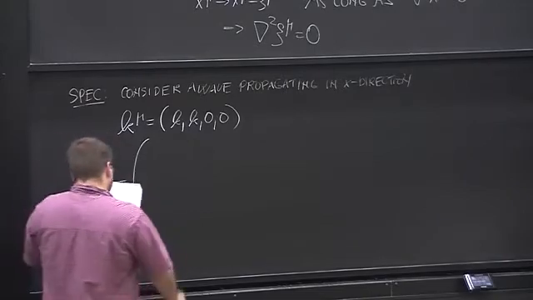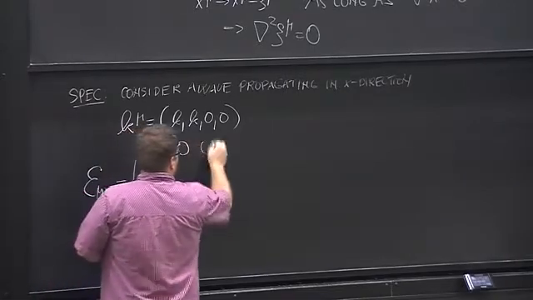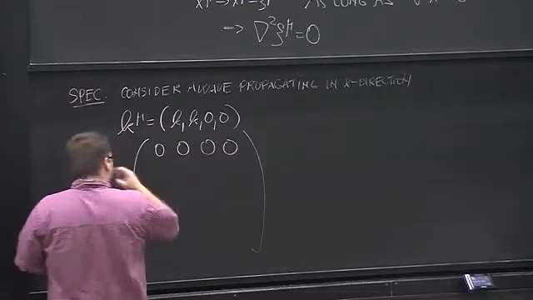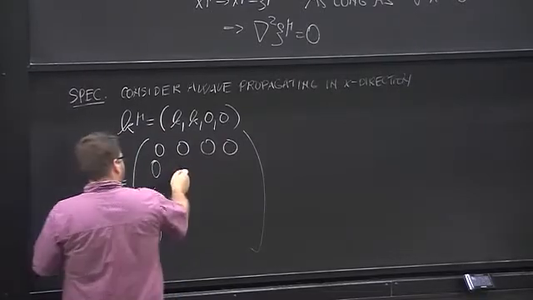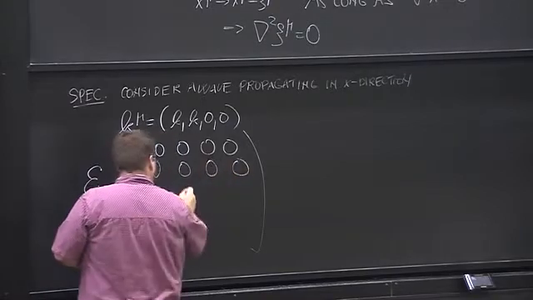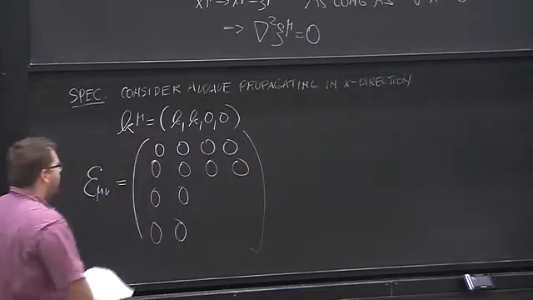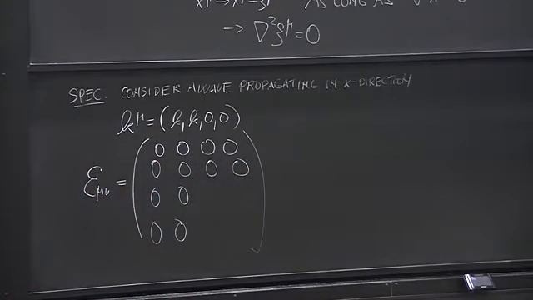in the following form. So it's 0 everywhere here, and then it's 0 here, of course, because it's symmetric, but it's also 0 here. And so the only non-trivial components, if your wave is propagating in the x direction, will be in the y and z directions.